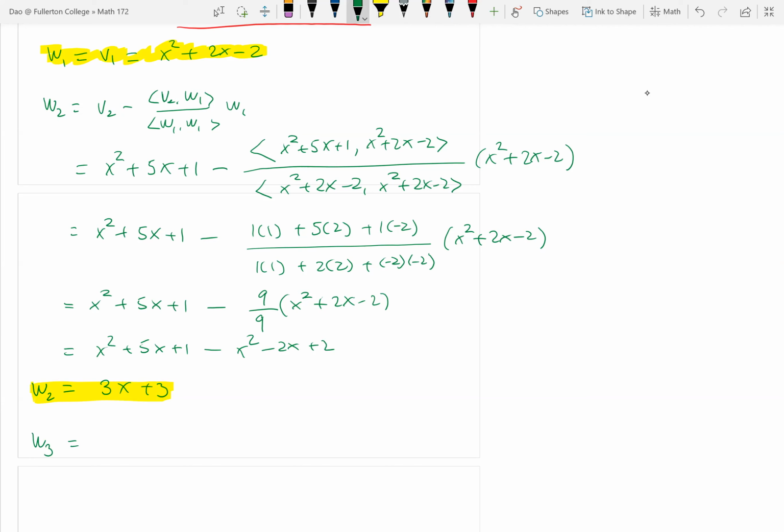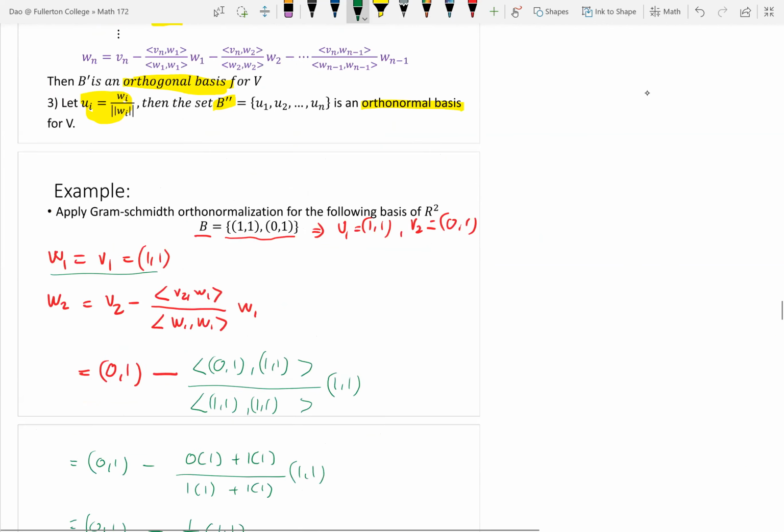So W3 equals V3 minus the inner product of V3 and W1 over the inner product of W1 and W1, times W1, minus the inner product of V3 and W2 over the inner product of W2 and W2, times W2, right? That's exactly how the formula is set up there, right?